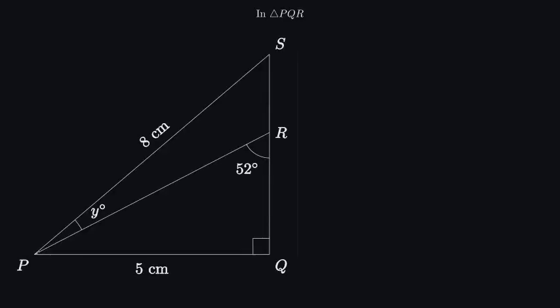From triangle PQR, the angle at Q is 90 degrees, and the angle at R is 52 degrees. The angles in a triangle add up to 180 degrees. So the angle at P, which is angle QPR, is 180 degrees minus the other two angles. Angle QPR equals 180 degrees minus (90 degrees plus 52 degrees).